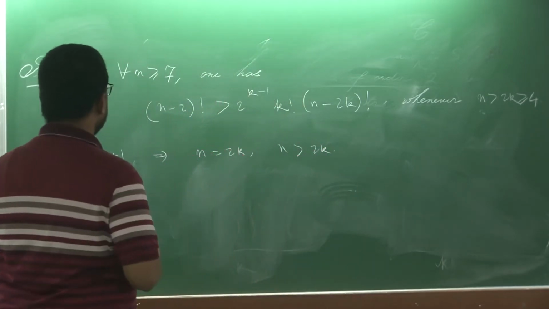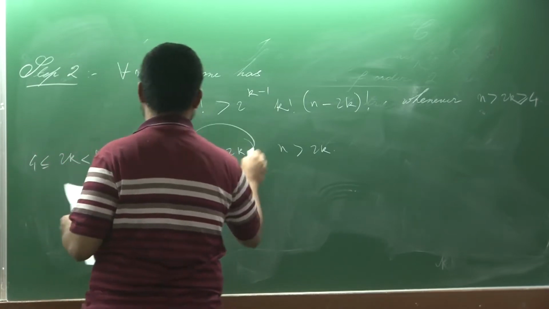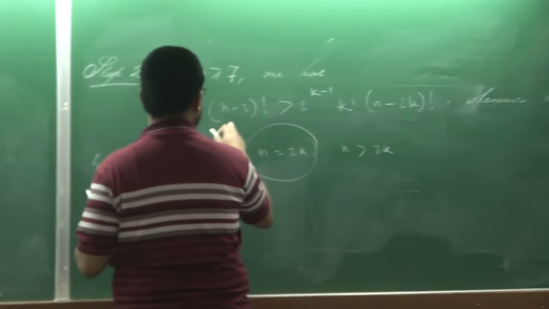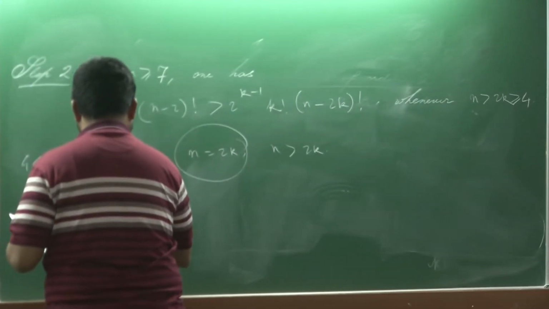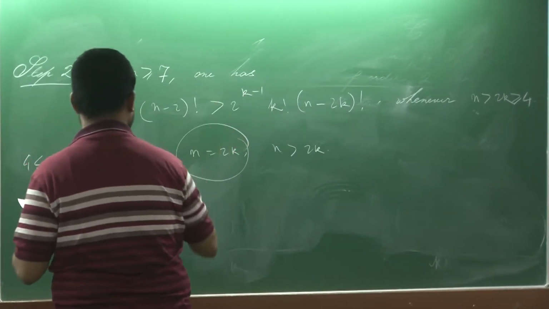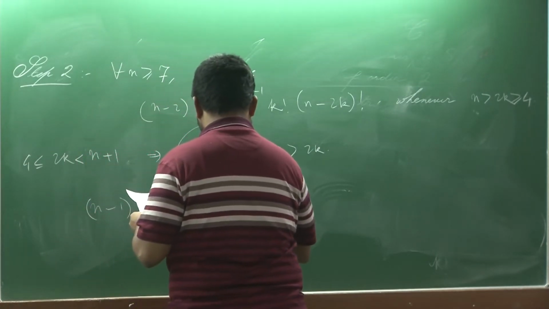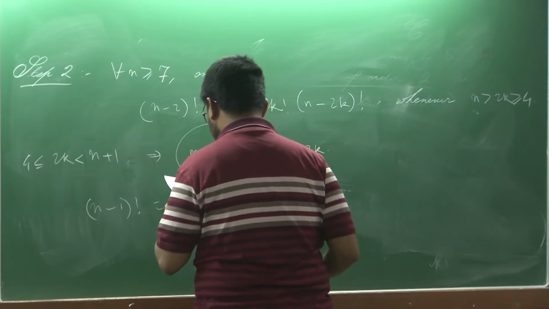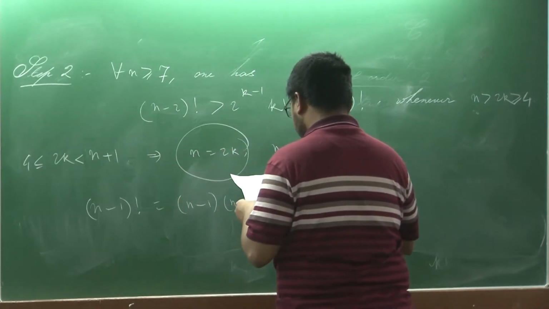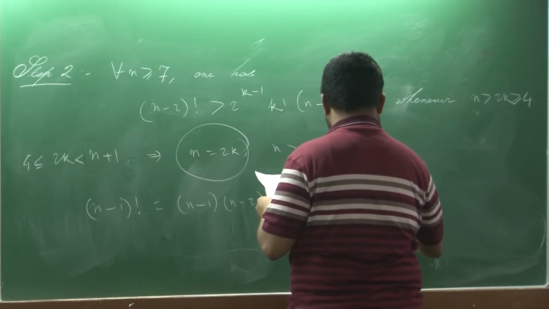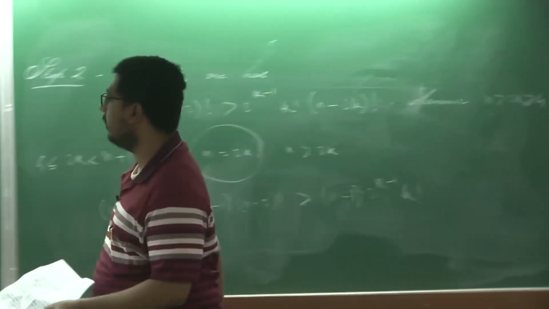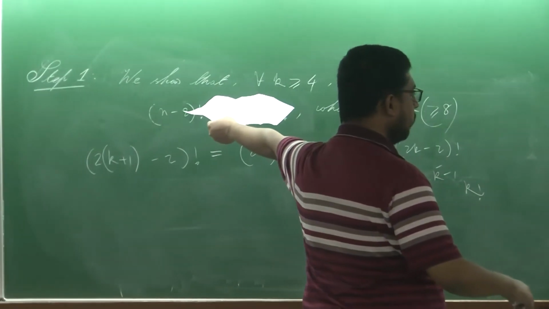In order to deal with the n equal to 2k case, we use this. So observe the following: n minus 1 factorial, because you have to prove this for n plus 1, is n minus 1 into n minus 2 factorial, strictly bigger than n minus 1 to the power k minus 1 times k factorial. That's exactly due to this, right?